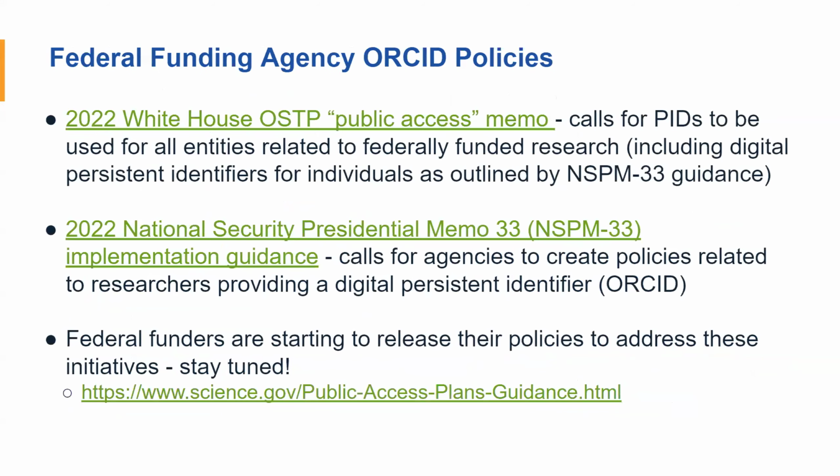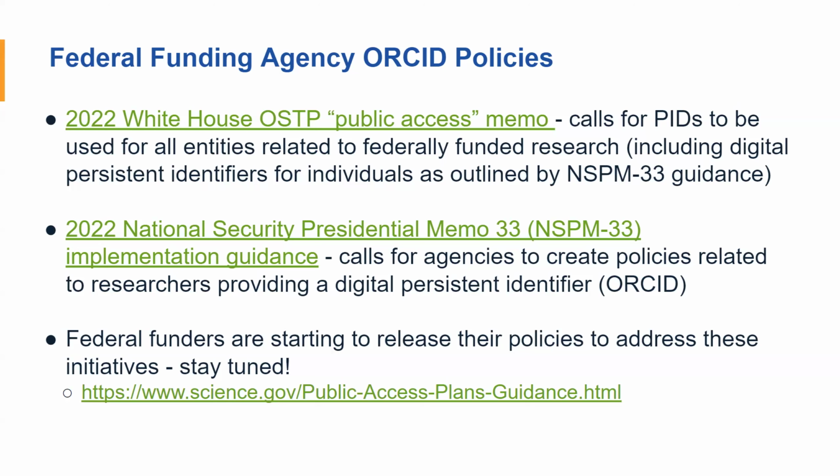You may know that all of the federal funding agencies right now are creating policies related to ORCID, both for public access to federally funded research and research security. The White House Office of Science and Technology Policy Public Access Memo has a whole section dedicated to how persistent identifiers, including ORCID, should be part of funded output metadata.